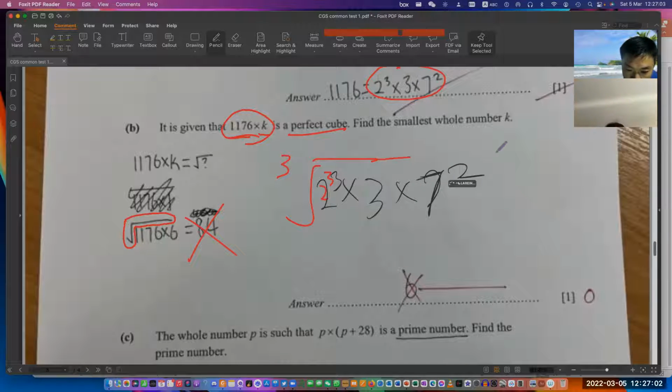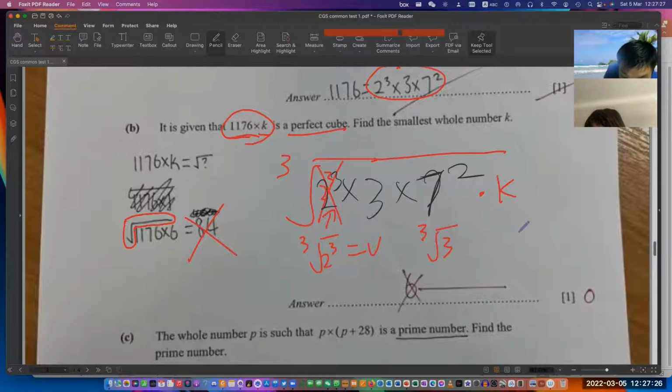And then you need to times a k, right? In order to be perfect cube, ask yourself, can you cube root this? Yeah? Can. 1 by 1. Can. So no need. Done. So can you cube root the 3? Cannot.